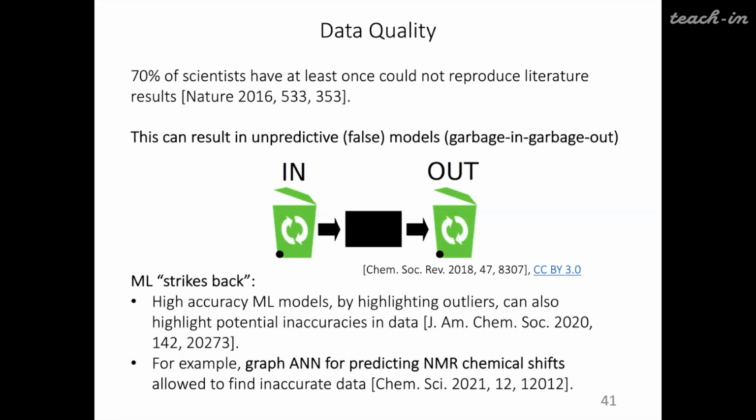And these outliers sometimes are the bad data mentioned earlier. For example, you can refer to this paper for a case in which an artificial neural network trained to predict nuclear magnetic resonance chemical shifts allowed to find inaccurate data in experimental spectra.